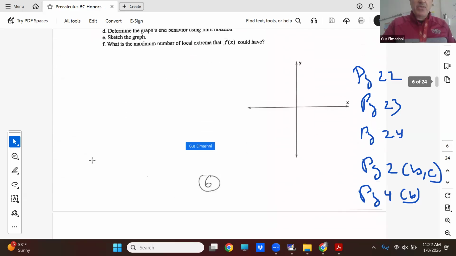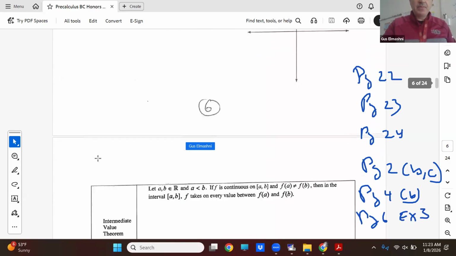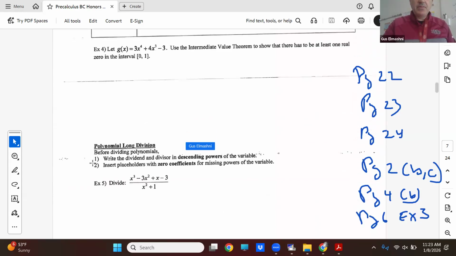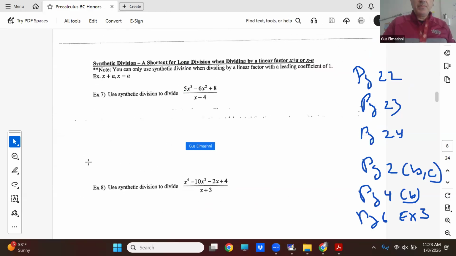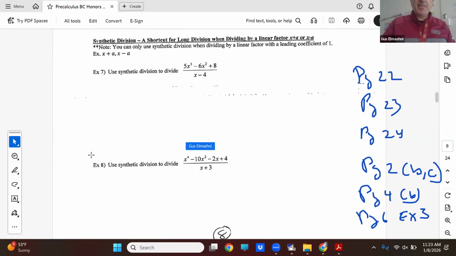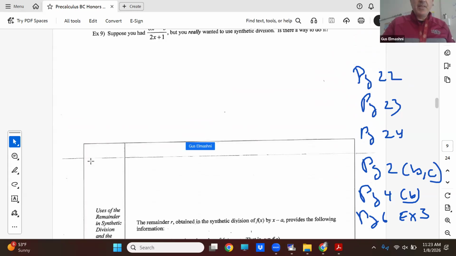Page 6, number 3. I think I thought of this. I'm gonna post it in a moment. Do we do example 7 and 8? Yeah.